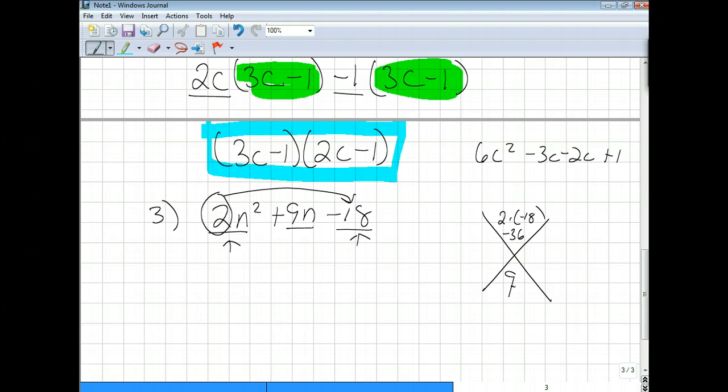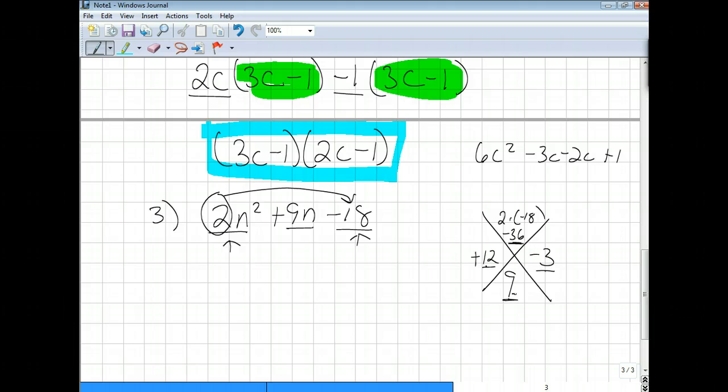So we ask ourselves, what times what is negative 36 but adds up to a positive 9? Well, it's going to be a positive 12 and a negative 3. Let's see if that works. Positive 12 times negative 3 is a negative 36, and positive 12 plus negative 3 is a positive 9.